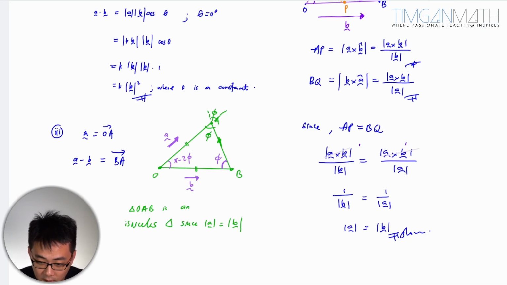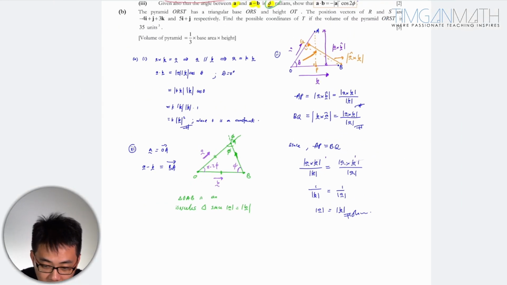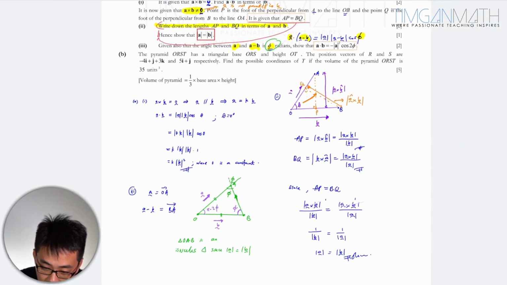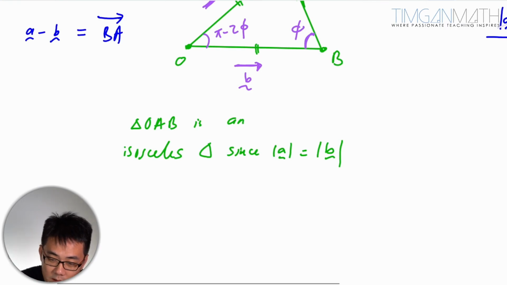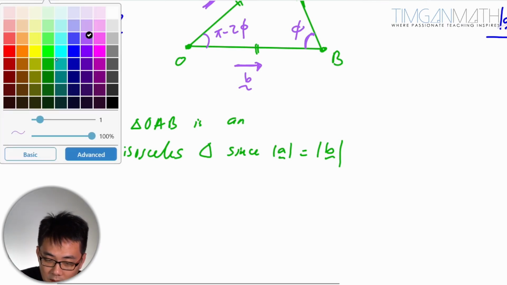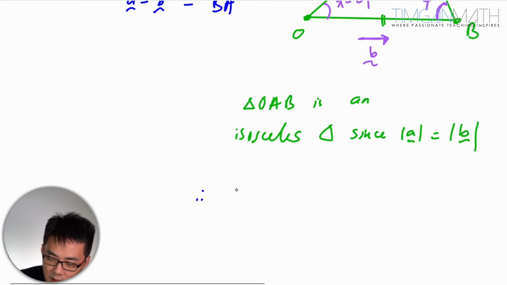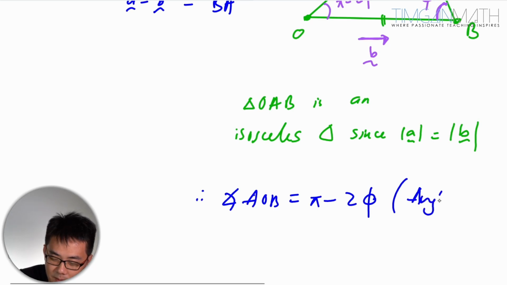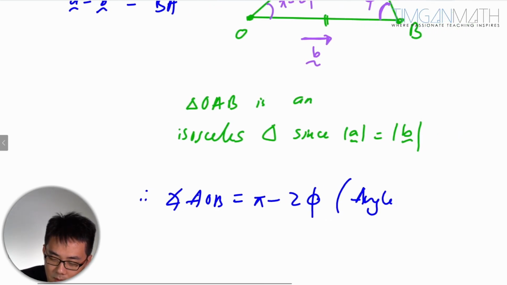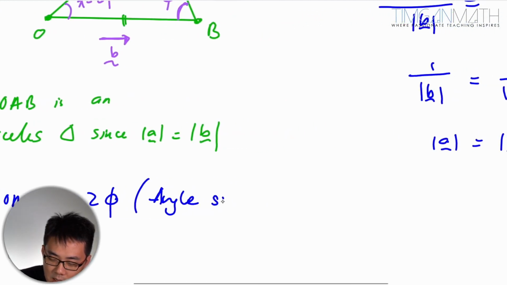You get this already. You straight away can just do a dot b. So hence angle AOB is pi minus 2 phi, by angle sum of triangle.